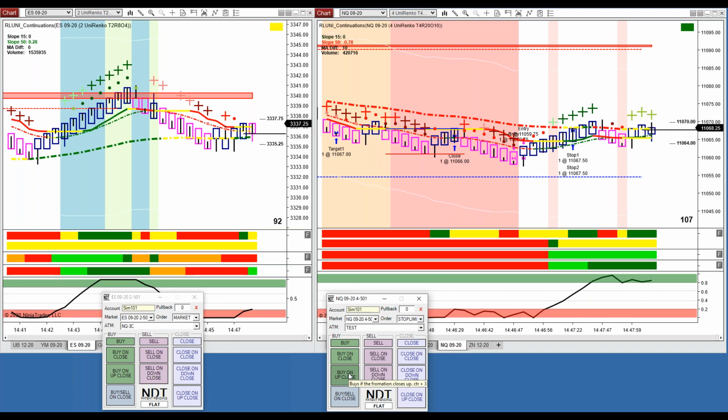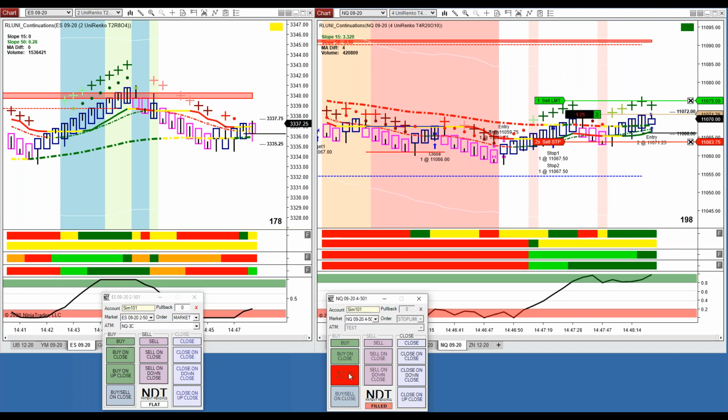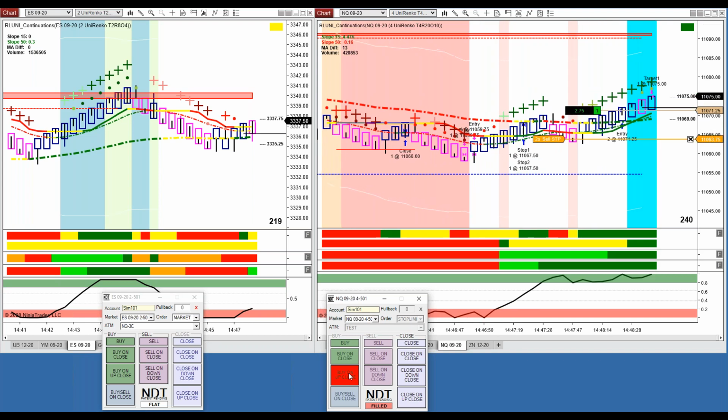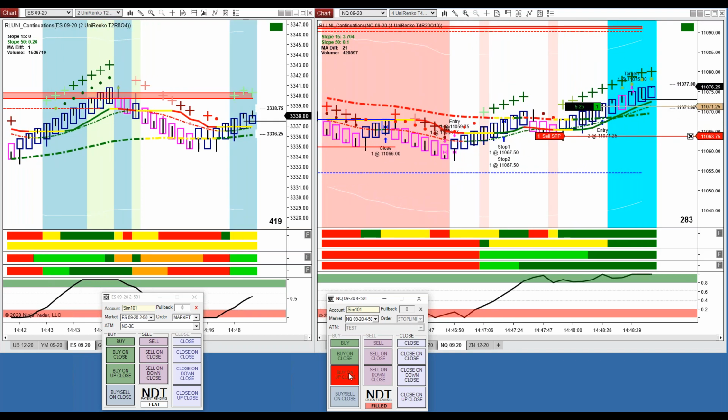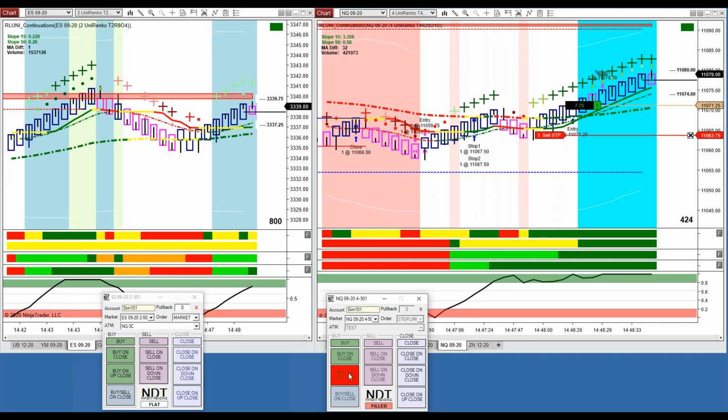I want to test the data feed. I'm not going to risk any money here, because I'm just going to take trades. I'll take one more. Order submitted. Order failed. There's the fill. And who the heck knows if it's going to continue up or not. Target failed. There we go. Now we're on the runner.